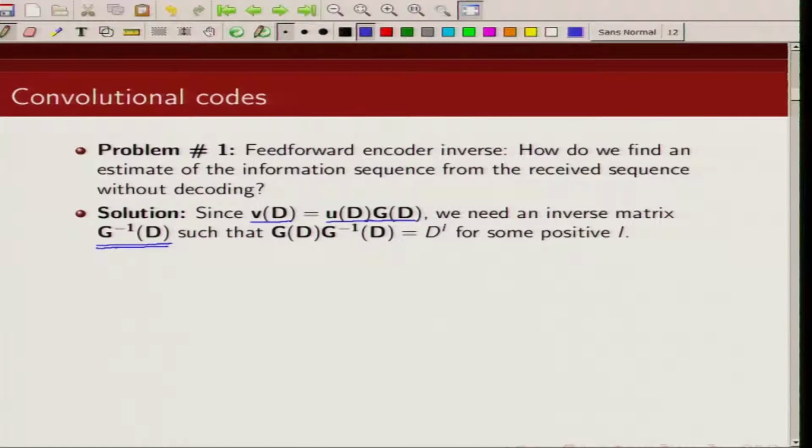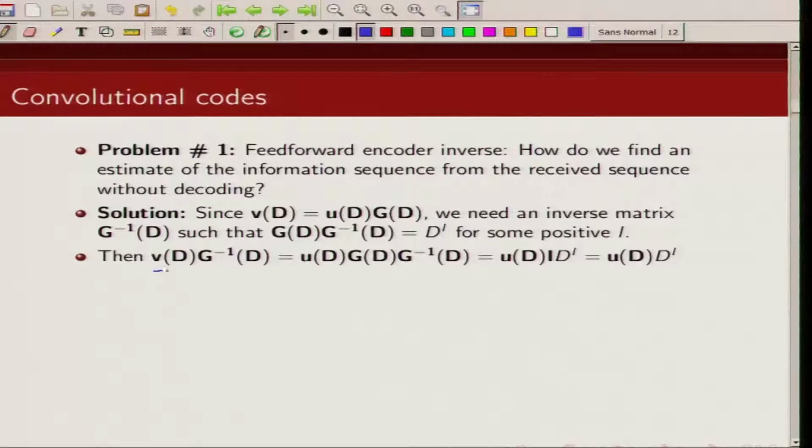If there exists a feedforward inverse, then if we just multiply the received sequence by the encoder inverse, we can get back our original information bits without decoding, after some delay D^l.